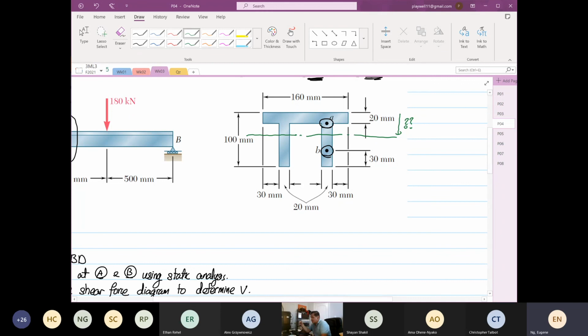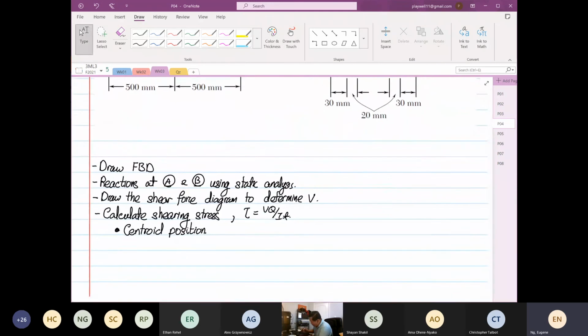If it's rectangular, it's easy. Its top area and bottom area are the same, you just draw a straight line, or left and right area are the same, you just draw a straight line. That's straightforward. After we find our centroid, we calculate our second moment of area, then our first moment of area.